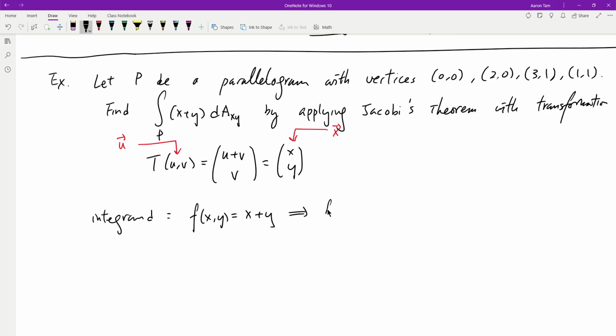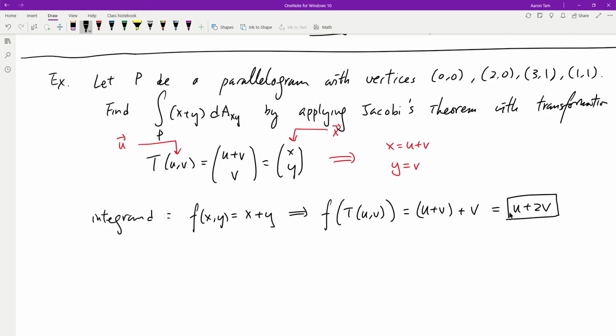So now what I have to do is just do f of T of (u, v). That requires me to plug in x in terms of u and v, which in this case tells me that x equals u plus v and y equals v. So therefore, x plus y, the x becomes u plus v, plus y, which is v. So that just comes out to be u plus 2v. That would be our new integrand, plain and simple.